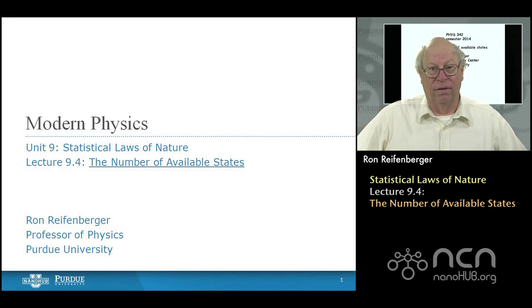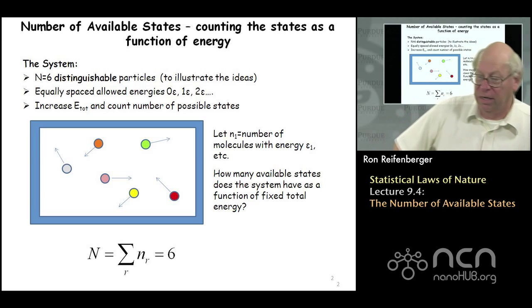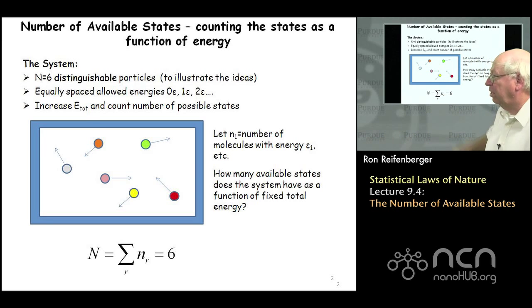So this is a detailed example, and it's intended to provide you with a better understanding of the statistics of particles when they're confined into a small system. So to begin with, what is the system that we're going to discuss? The system we're going to discuss is going to have 6 distinguishable particles.